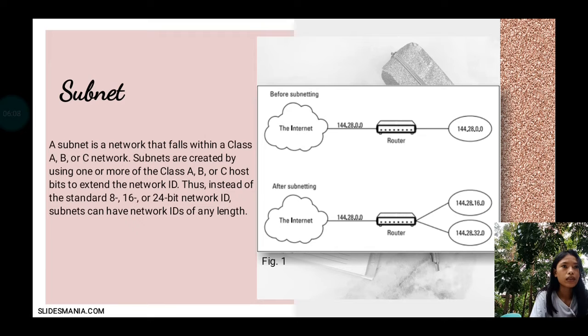So, for example, if the other side of the router considers the device at 144.28.16.22 to belong to the 144.28.0.0 network, a packet sent to this device will be delivered to the router at 144.28.0.0. Then the router would consider the subnet portion of the host ID and decide whether to route the packet to subnet 16 or 32.